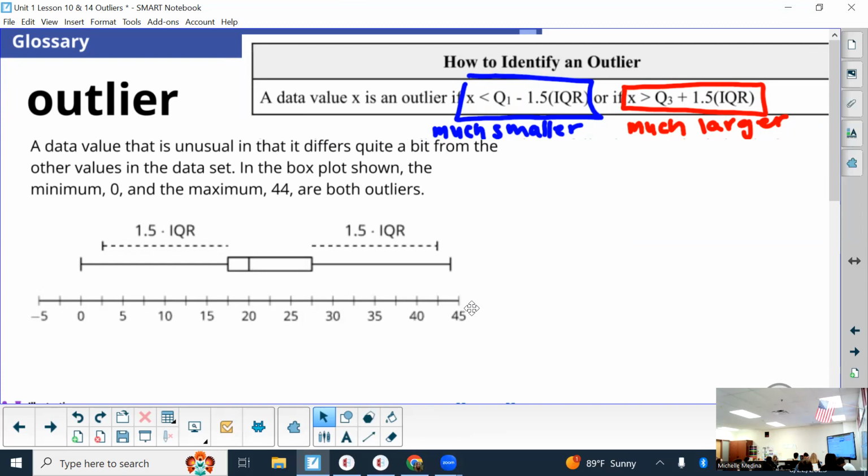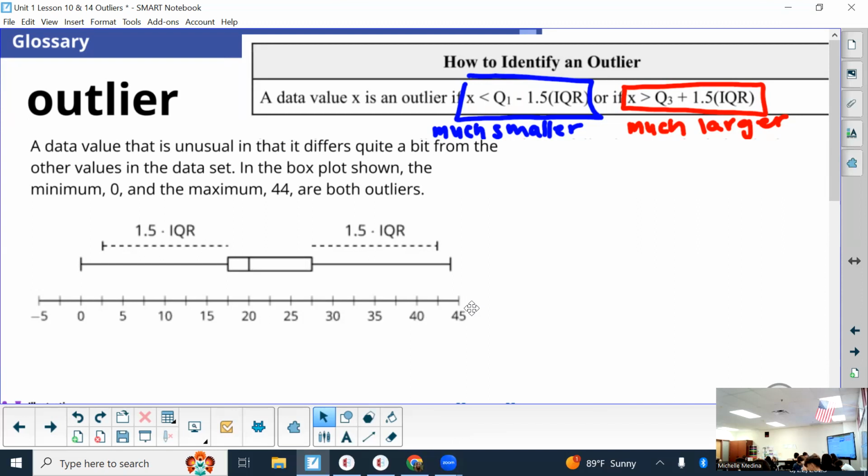Now, if the value I'm testing is like 1,000, obviously that would be an outlier. I probably don't need to do the math for that, but sometimes on the test, it's hard to tell. So that's the only way to know for sure. Questions on that?